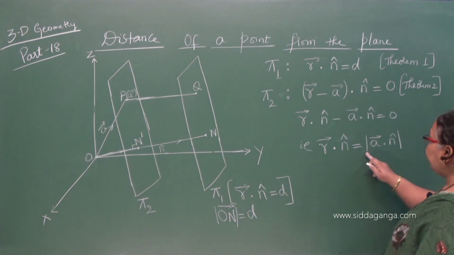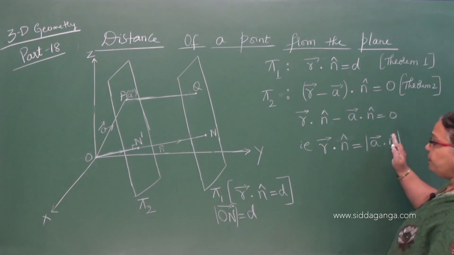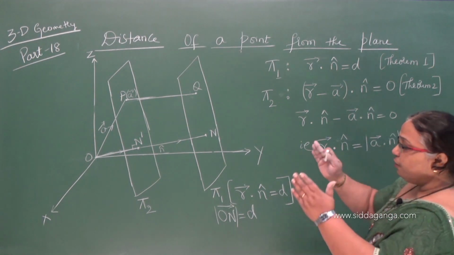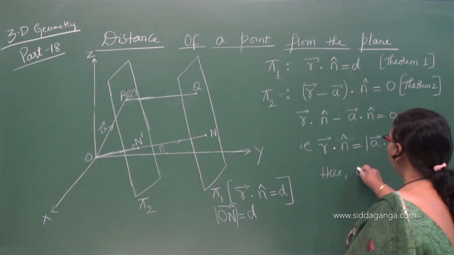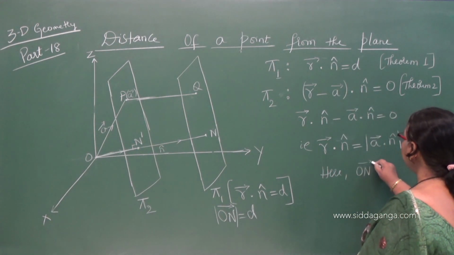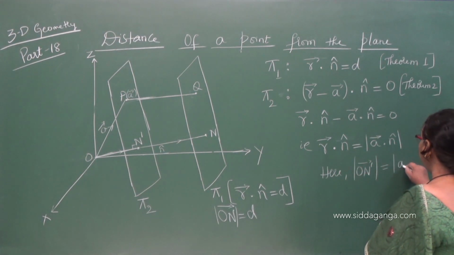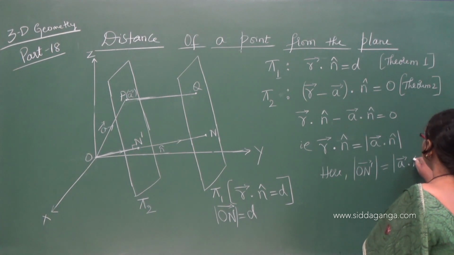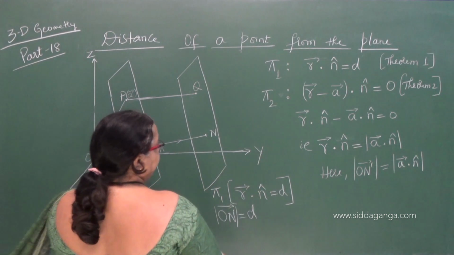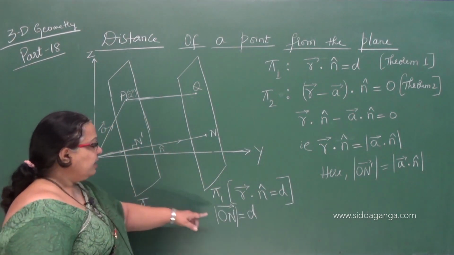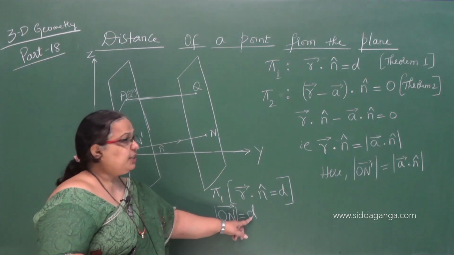So the magnitude of vector A dot n cap represents the magnitude of ON dash. So the magnitude of ON dash is nothing but vector A dot n cap. So in this, the magnitude of vector ON represents D.